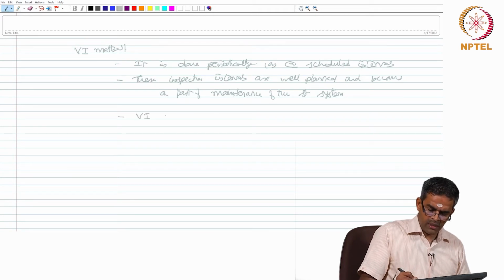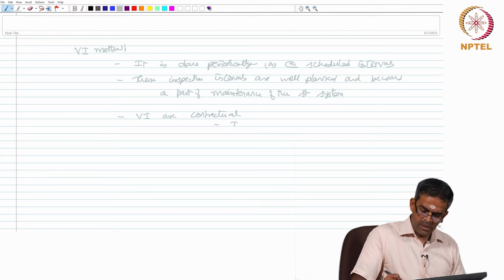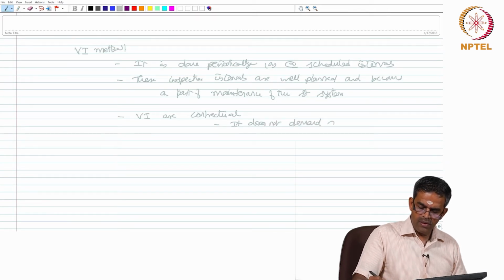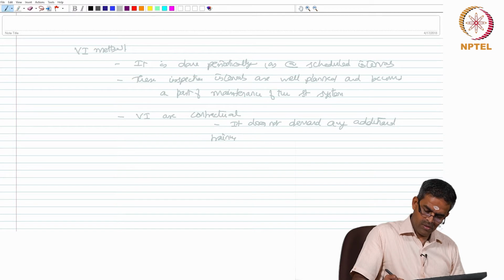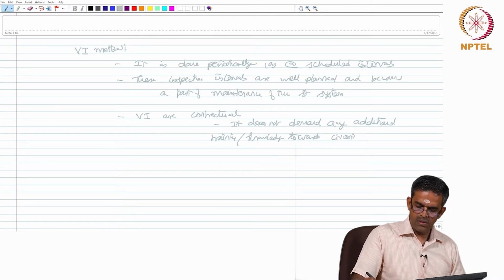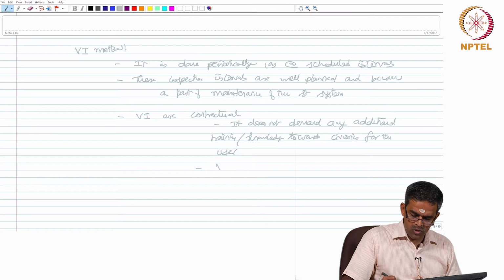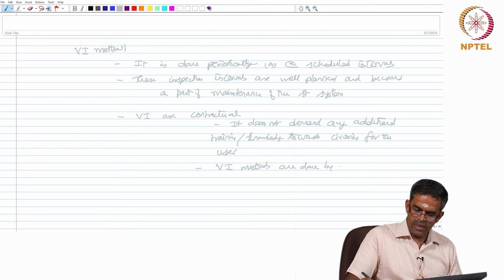More or less, visual inspections are contractual. It means it does not demand any additional training or knowledge from the user, because usually visual inspection methods are done by an expert third party.